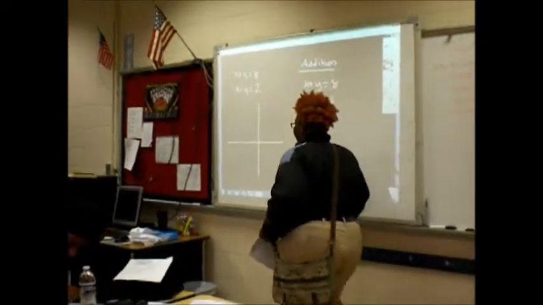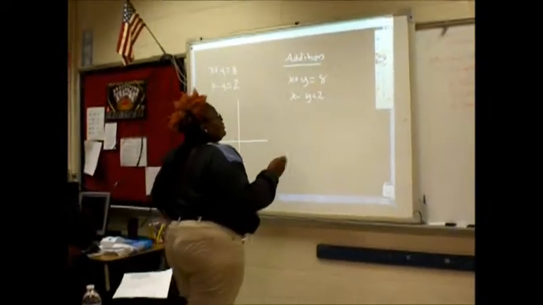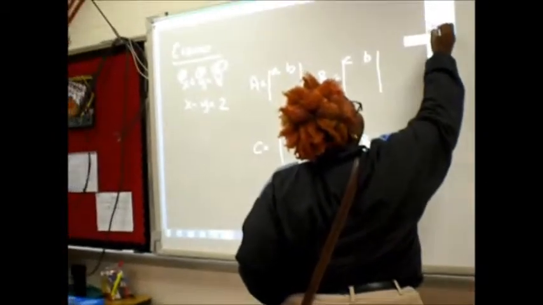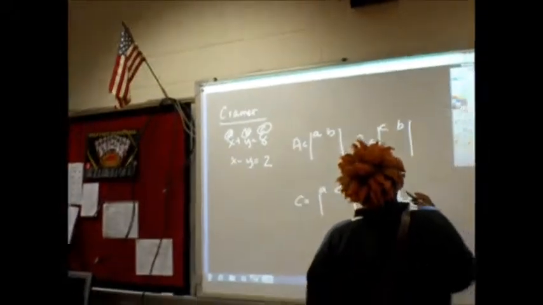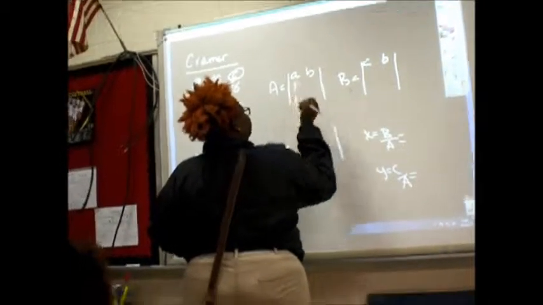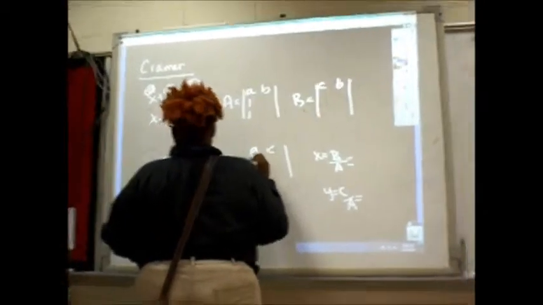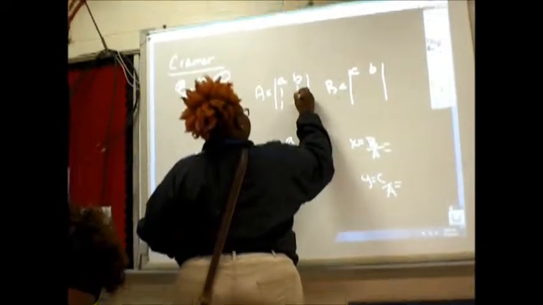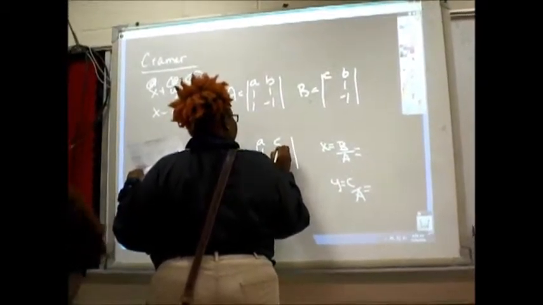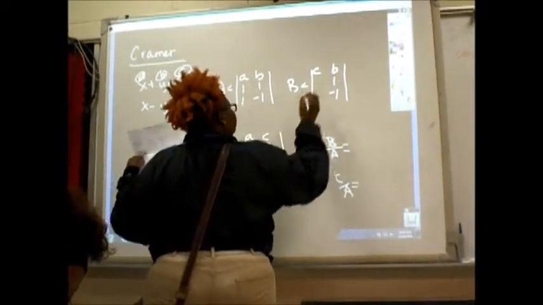You're going to do the Cramer method, so which one do you want to do? Let's go ahead and finish your first one. Which one do you want to do? It doesn't matter to you? How are we doing?